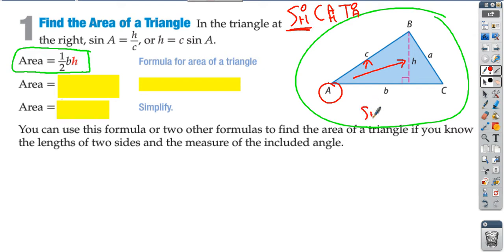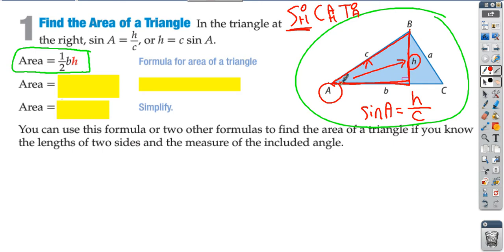So we could say this. The sine of angle A is equal to the opposite side, which is h. That's h right here. Not h for hypotenuse, but h for the height. Over the hypotenuse, which is c, because c is the hypotenuse of this red triangle that I just outlined right there.